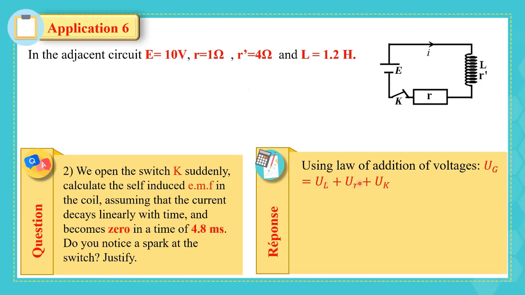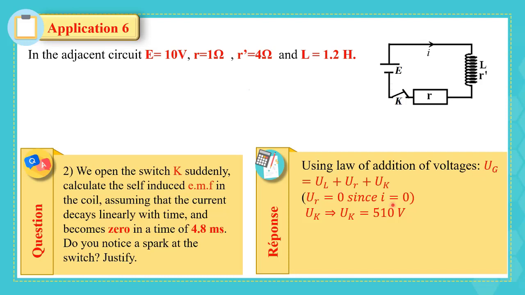Now, using the law of addition of voltages, UG, which is the voltage across the generator, equals U coil plus UR plus UK, which is the voltage across the switch. When the switch is opened, the current will be 0, and so the voltage across the resistor is 0. So UK, the voltage across the switch, will be equal to UG minus U coil.